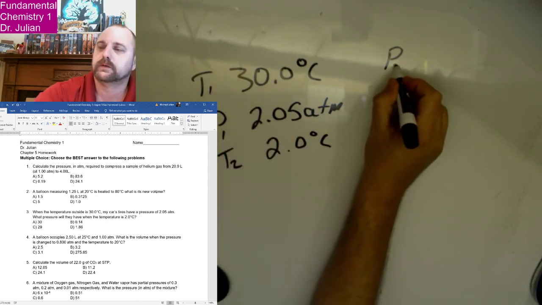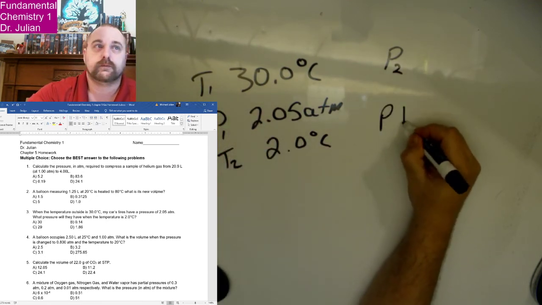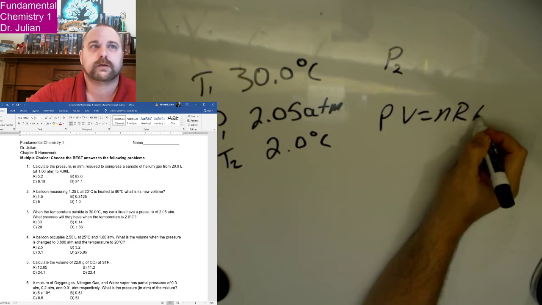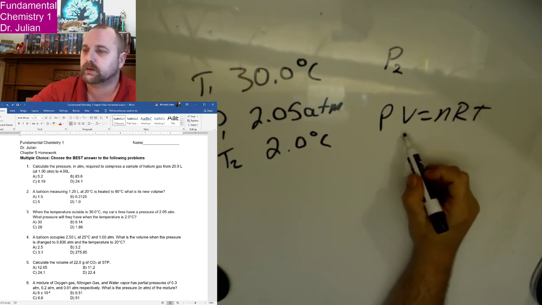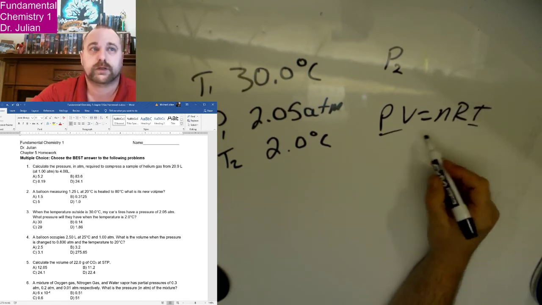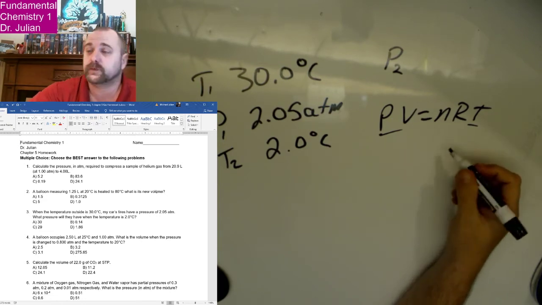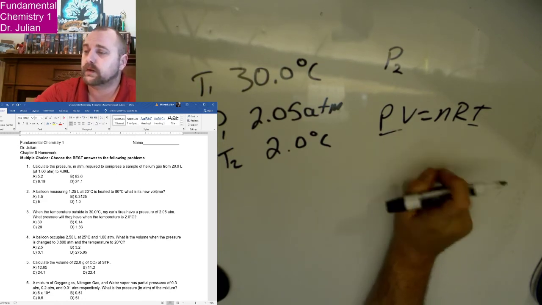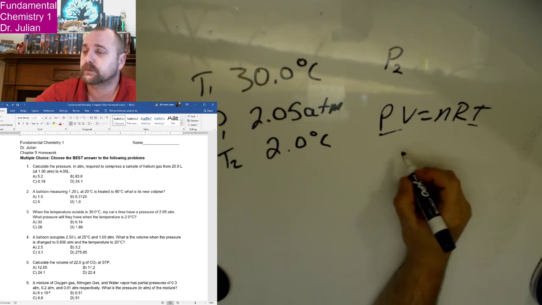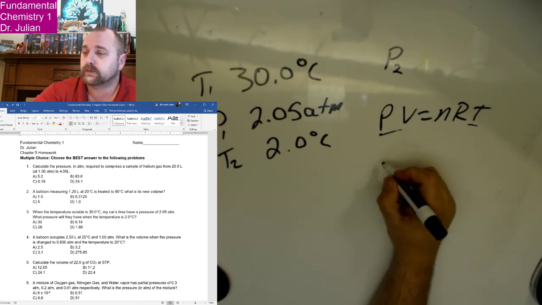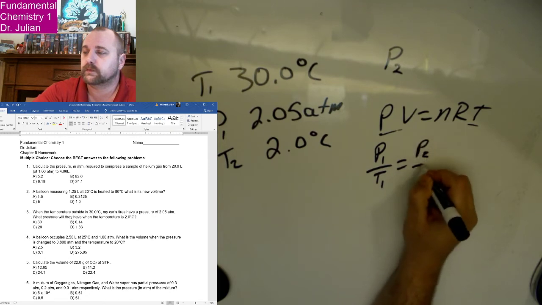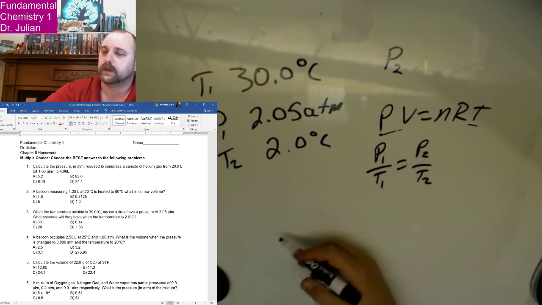PV equals nRT, looking at pressure and temperature, doesn't have volume. It's a weird one. That's Gay-Lussac's. P1 over T1 equals P2 over T2.